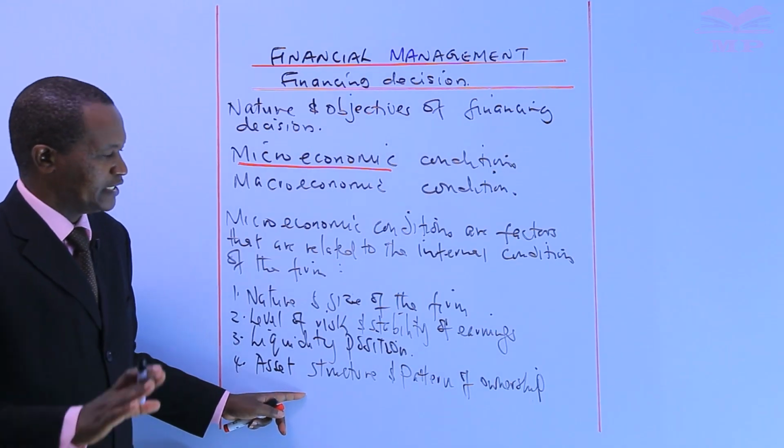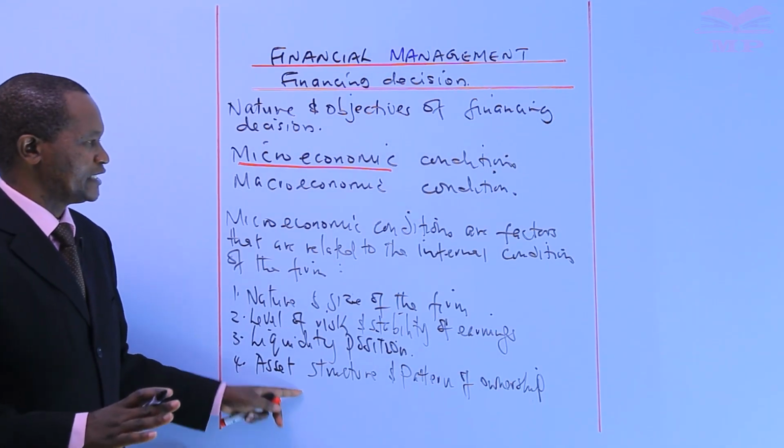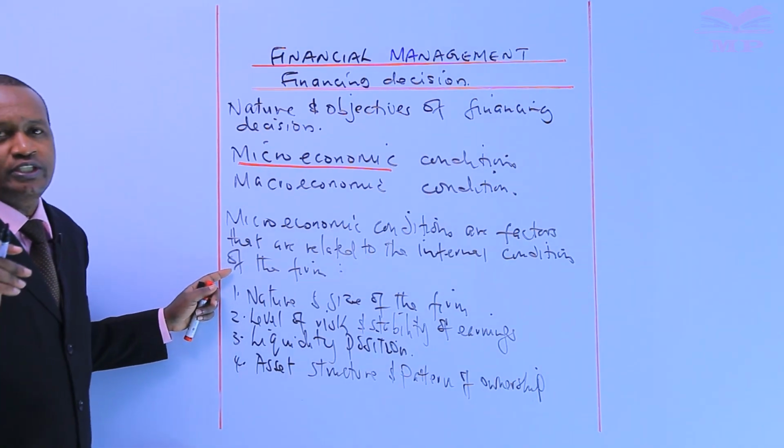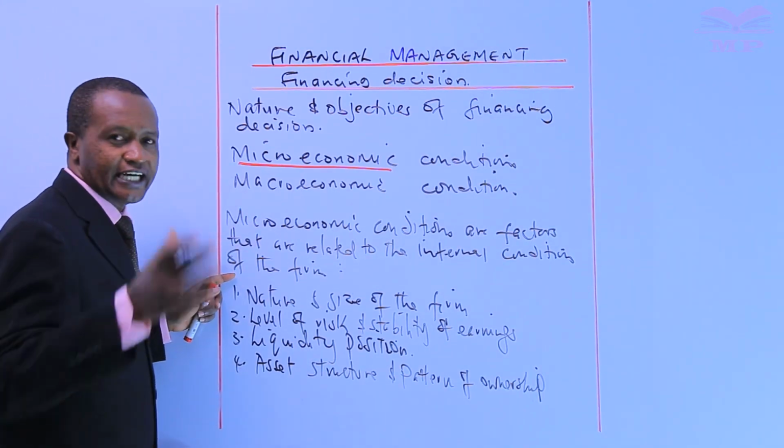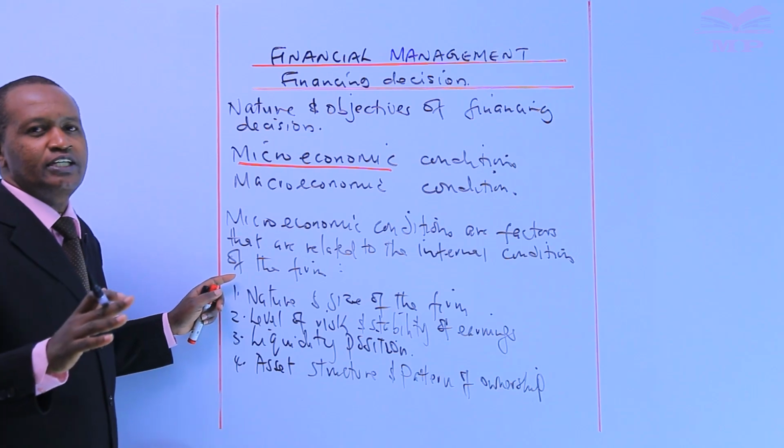Asset structure and pattern of ownership is an internal condition which may influence financing decisions.